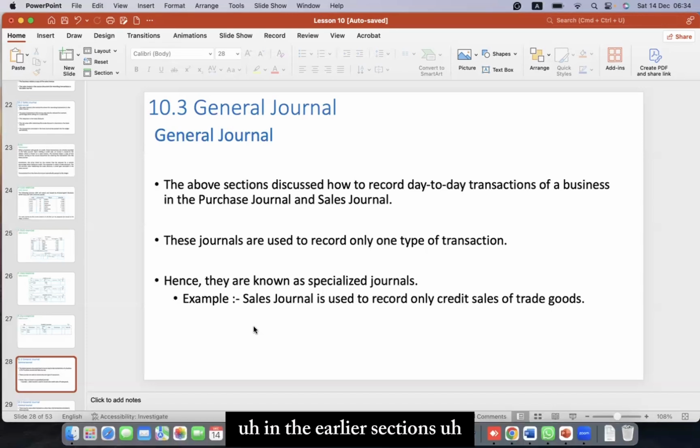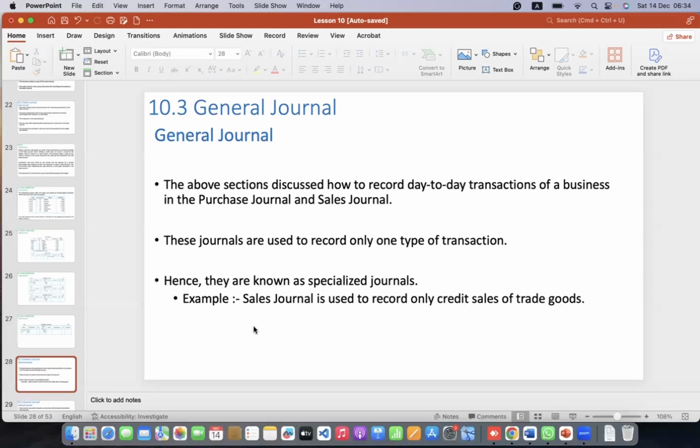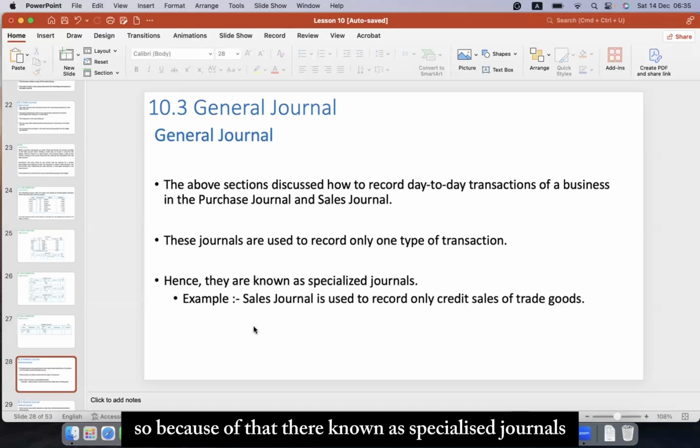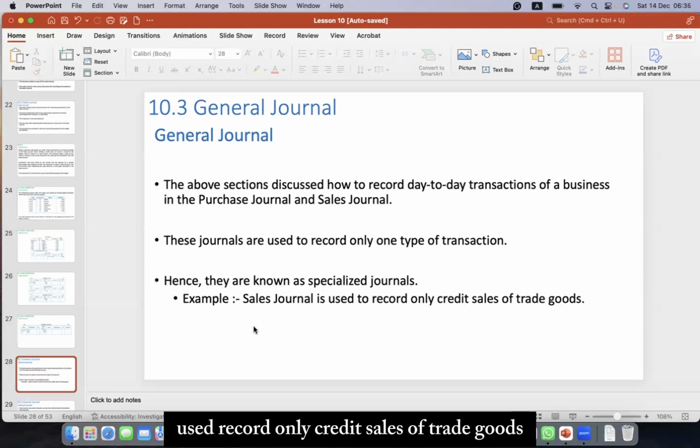In the earlier sections, we learned that they are used to record only one type of transaction. If it is the sales journal, you record credit sales. If it is a purchase journal, you record credit purchases. Because of that, they are known as specialized journals. For example, the sales journal is used to record only credit sales of trade goods.